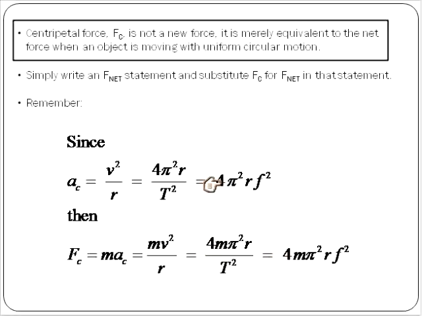So those are the equations that you have to keep in mind. The only one of those that's actually on your formula sheet is FC equals this expression right here. The rest of them you're going to have to try to remember.